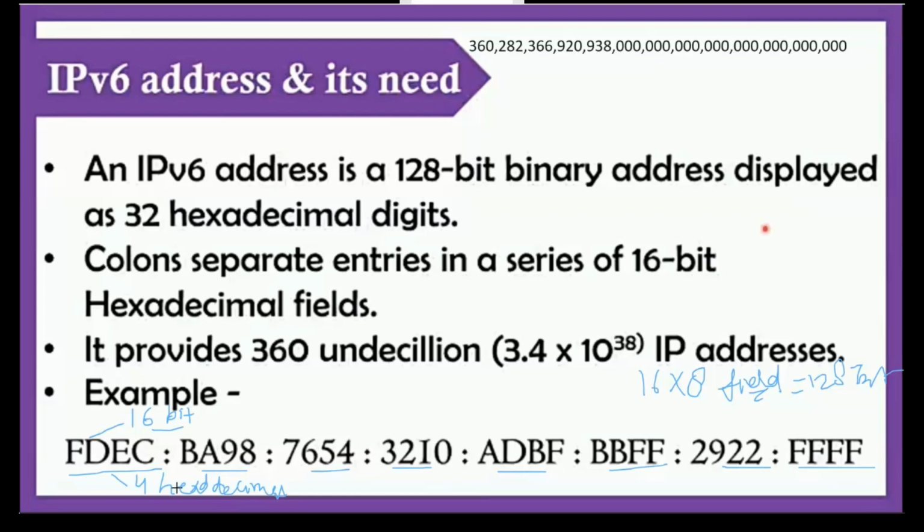So in every field there are a total of 4 hexadecimal digits, and the fields are separated by colons. So you have to remember that the total size of the IP address is 128 bits, there are 8 fields, the size of every field is 16 bits, every field is separated by a colon, and 4 hexadecimal digits can be in every field. Hexadecimal means, as you know very well, values 0 to 9 and A to F can be there.